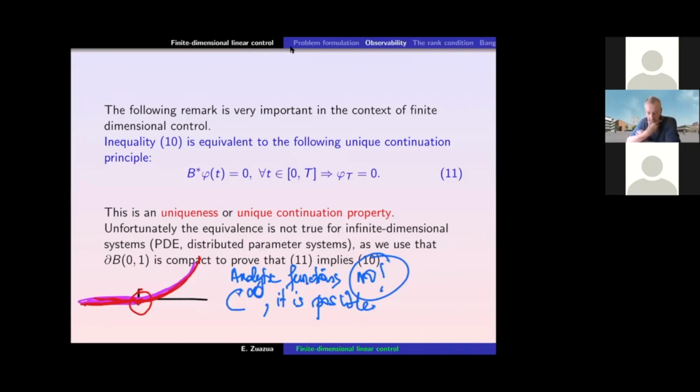Do you know any function that is 0 to the left that takes off non-trivially and which is C infinity smooth? Of course, the function cannot be analytic, right? Because as we said, if the function was analytic, it would be 0, by unique continuation. Do you know any such C infinity function?